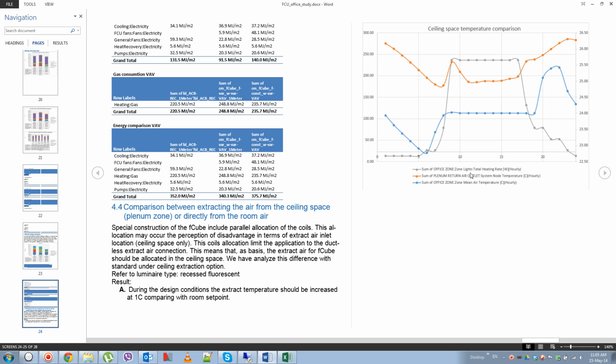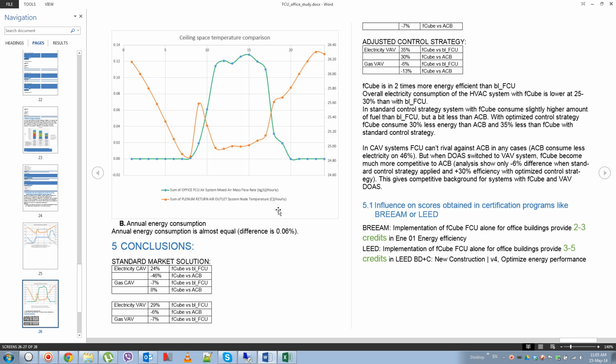This graph shows that the blue line is room temperature and orange is extract temperature in the premises. So 1 degree higher, but in terms of annual energy consumption, the difference is almost nothing. So there are a lot of factors. If you're interested, you could contact me personally, because it takes a lot of time to explain.